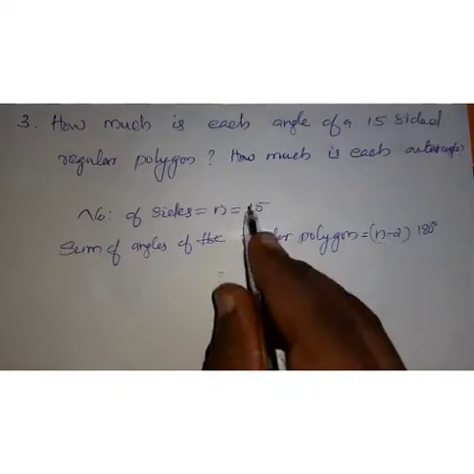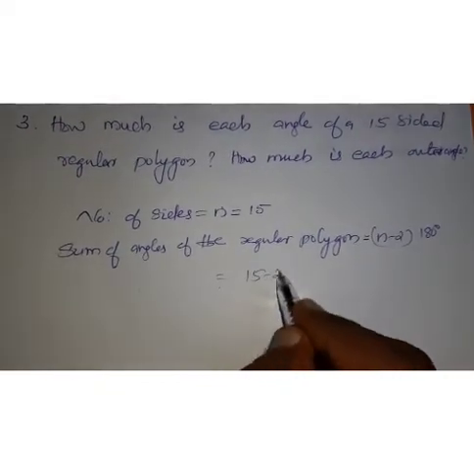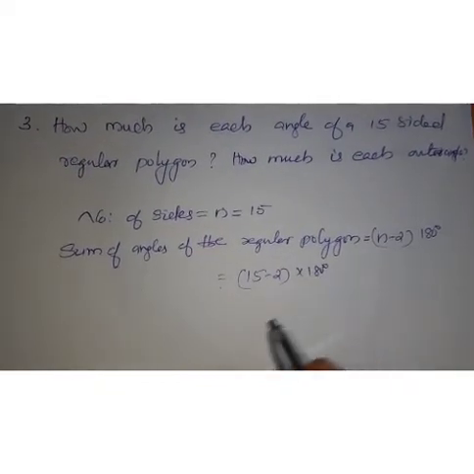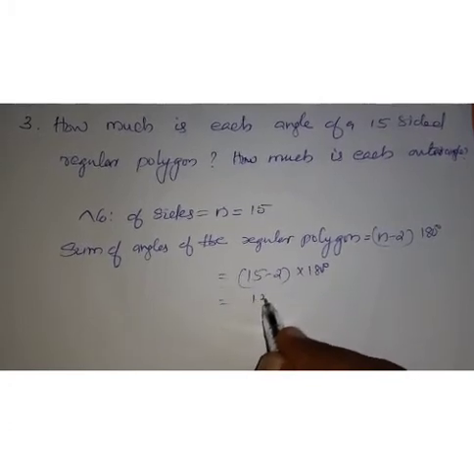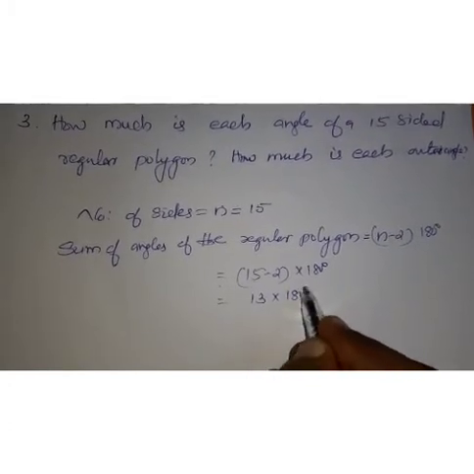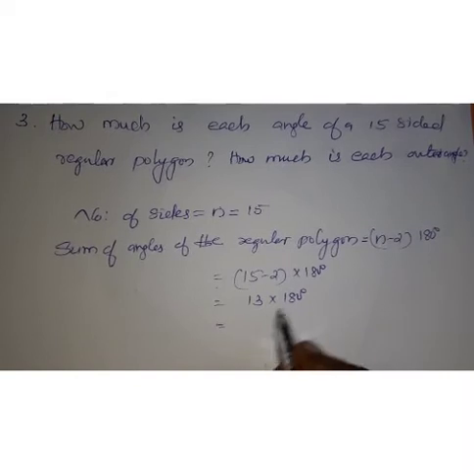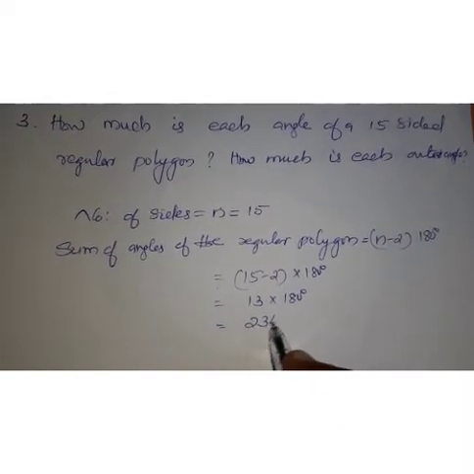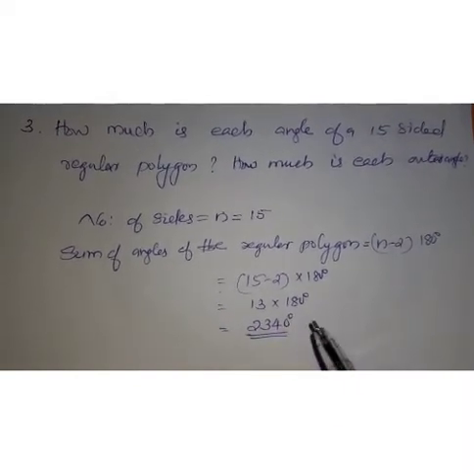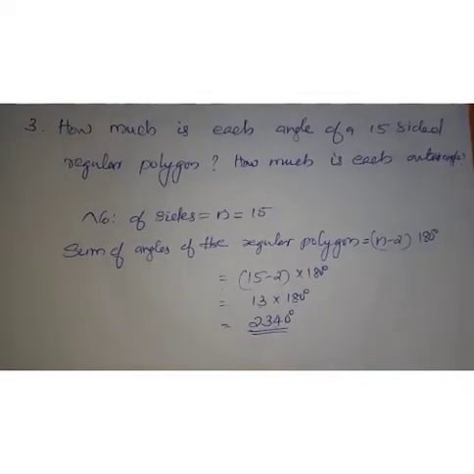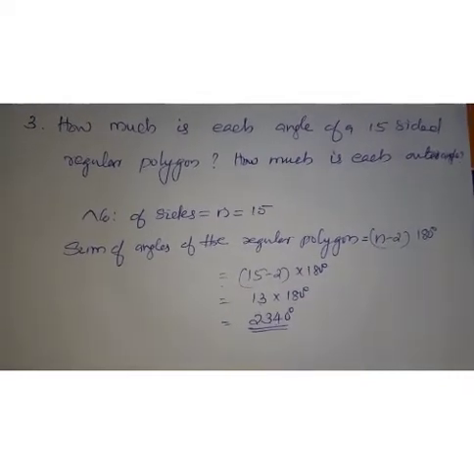So n is 15. 15 minus 2 into 180. 15 minus 2 is 13. 13 into 180 degree. That you have to calculate. You will get 2340 degree.